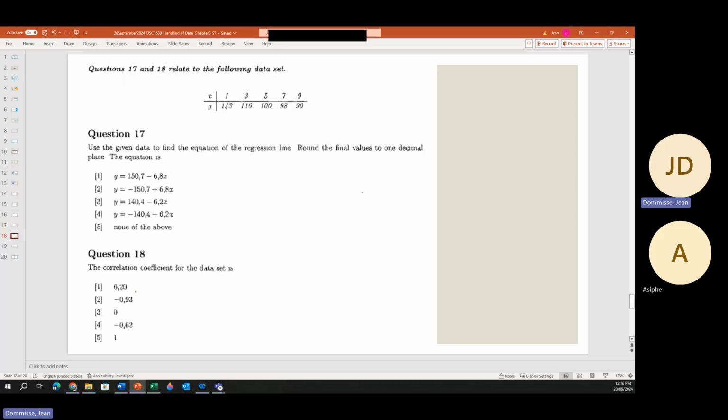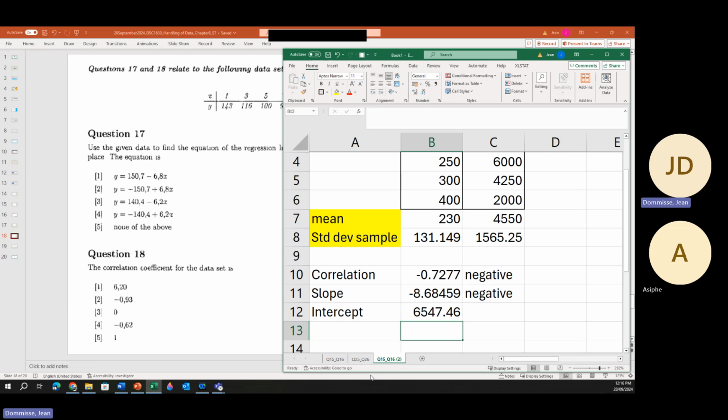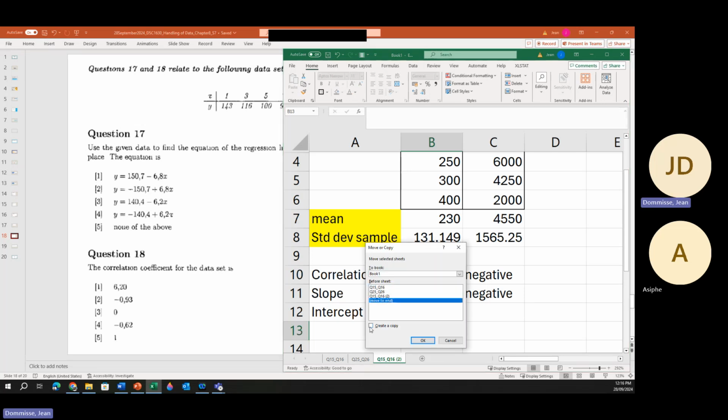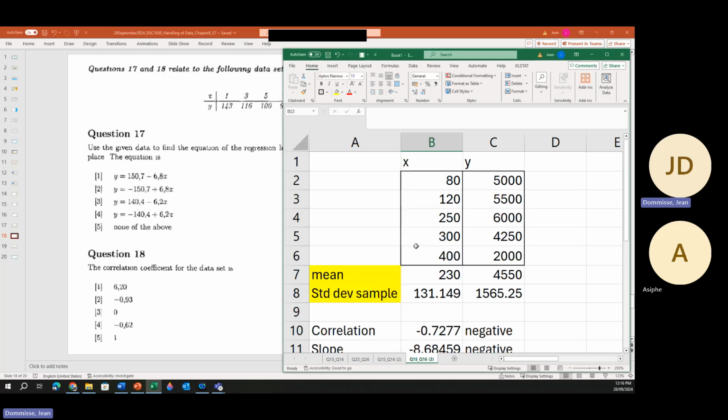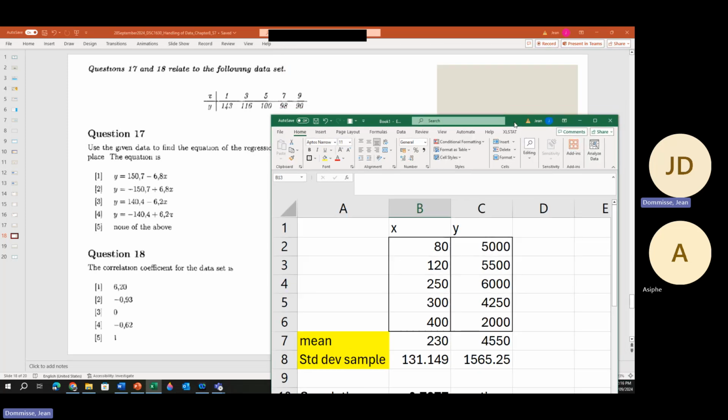Okay, then again, they give us a data set. You can see this is from a previous exam paper when it was still a printed exam. So let's just put in a different data point. It's easier when we actually have the spreadsheet and we can just put in the numbers.